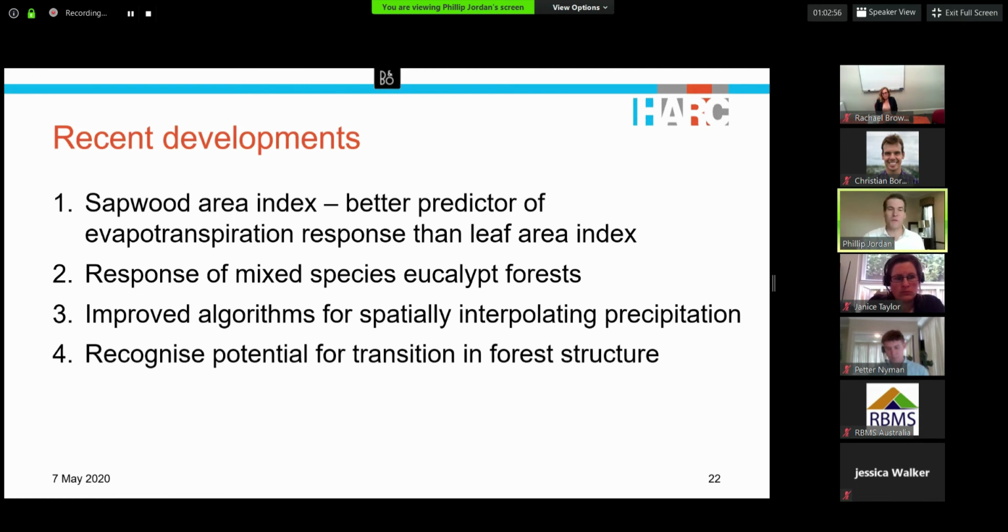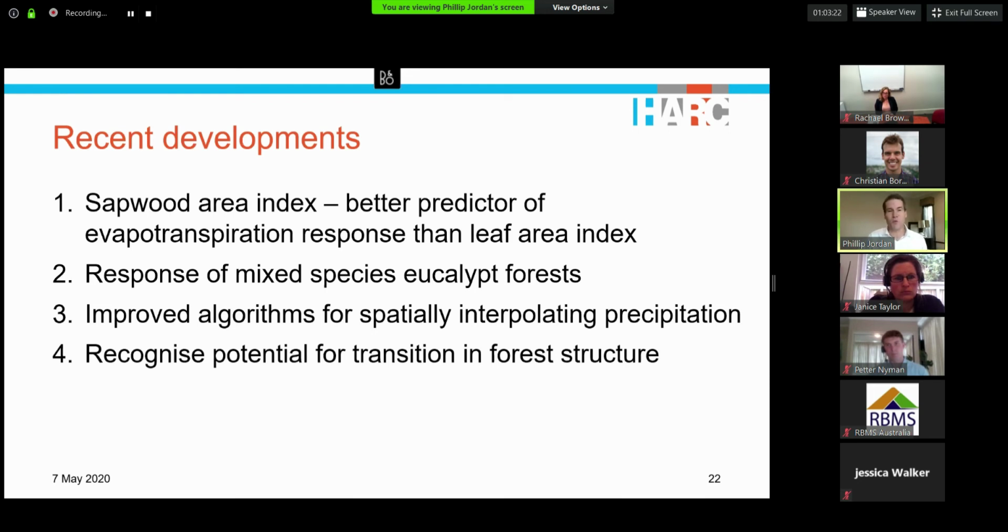And that's important for trying to understand how well our model is doing at estimating the evapotranspiration component, which is the difference ultimately between the precipitation and the runoff. So trying to understand how accurately we're modelling evapotranspiration, it's important to understand what is the precipitation going in, and hence what's the difference between that and runoff.